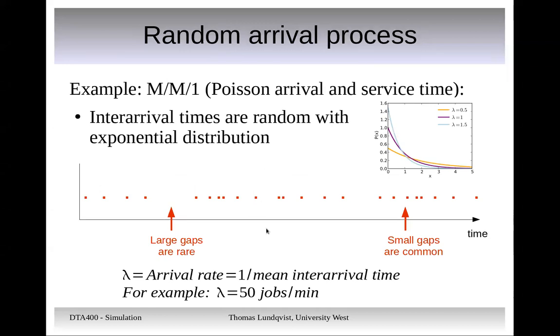If you have a random arrival rate, it's more tricky. And one of the most popular basic networks that you can calculate mathematically and also simulate quite easily is the M/M/1 queuing network. M stands for memoryless, and it's the same as Poisson distributed arrivals, meaning exponentially distributed inter-arrival times, which is just a statistical distribution.